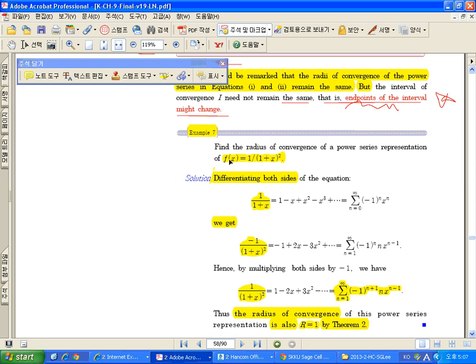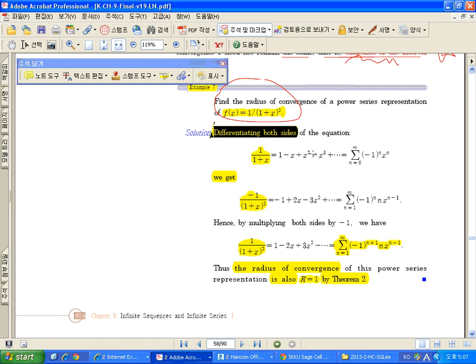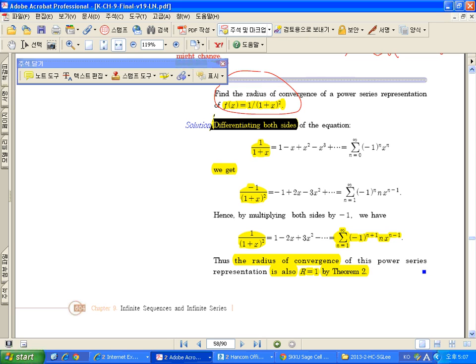So here is example 7. Find the radius of convergence of the power series representing f of x equal to 1 over 1 plus x squared. Differentiate. So 1 over 1 plus x can be written in this way. Then we differentiate this one and get this one.